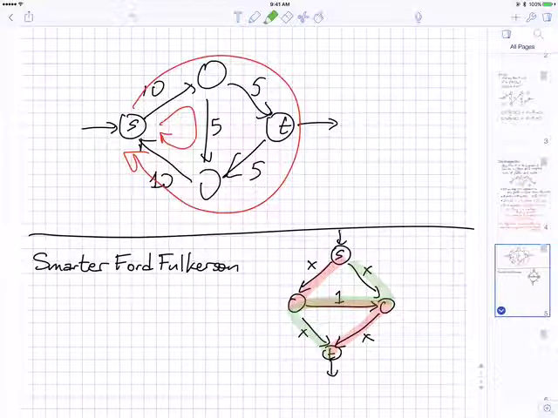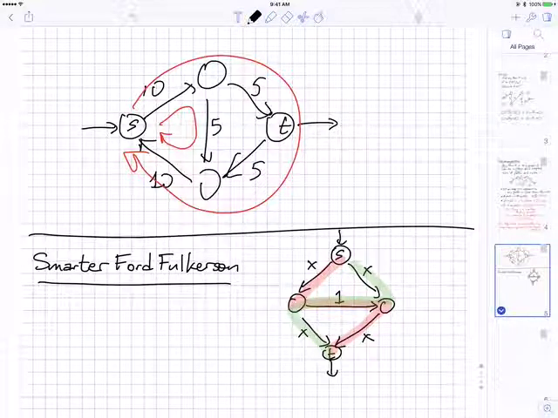Okay? So can we think of a way to generalize in what way taking these paths on the far left and far right was smarter than taking the zigzag path through the middle? Yeah. We use flows with the highest capacity.